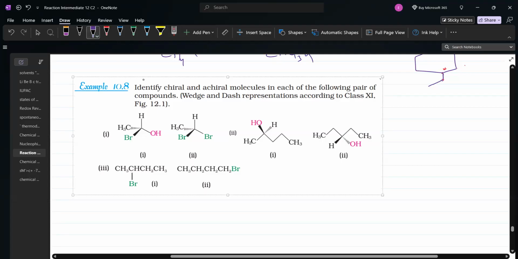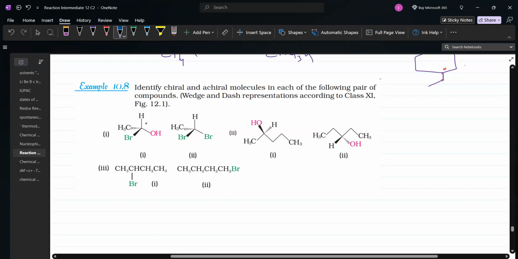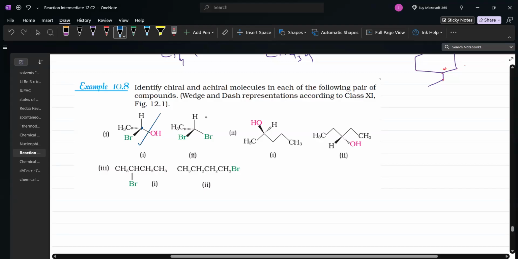Now let's see. This carbon has one OH, which means every group is different for it, so this one is chiral. In this one, on this carbon we have one hydrogen, one methyl, and two bromine, so this will be achiral.